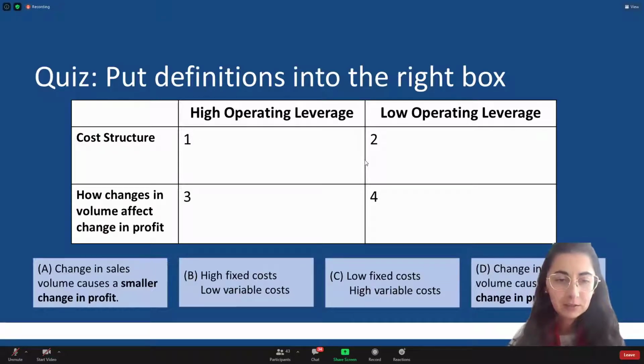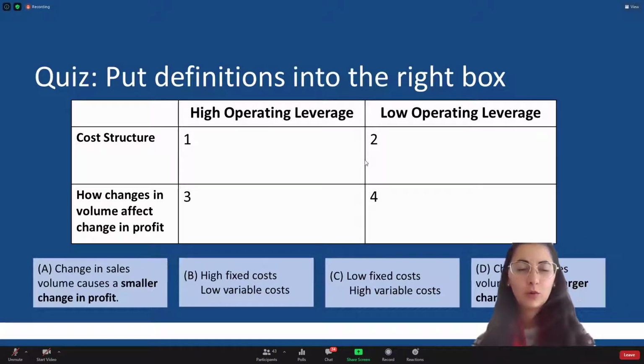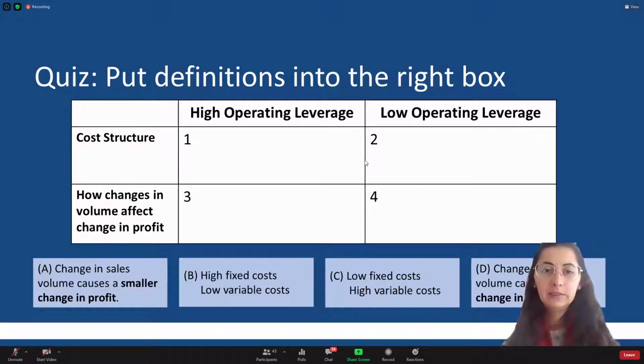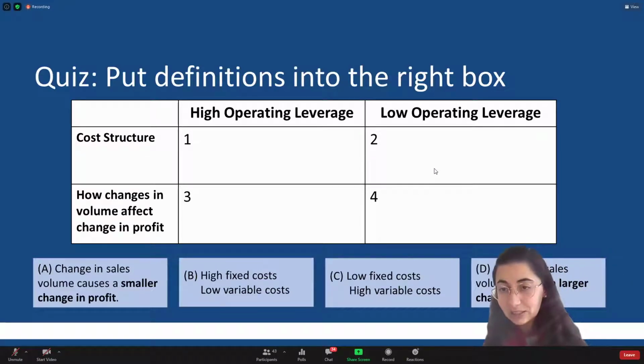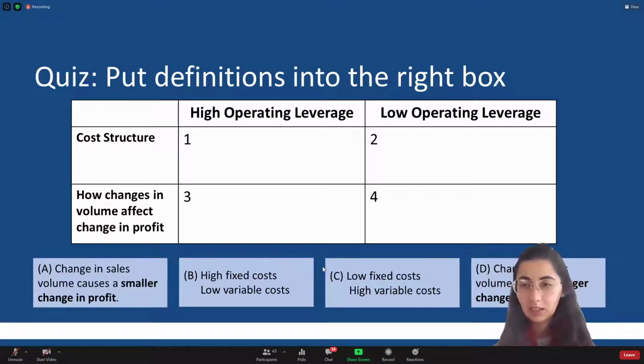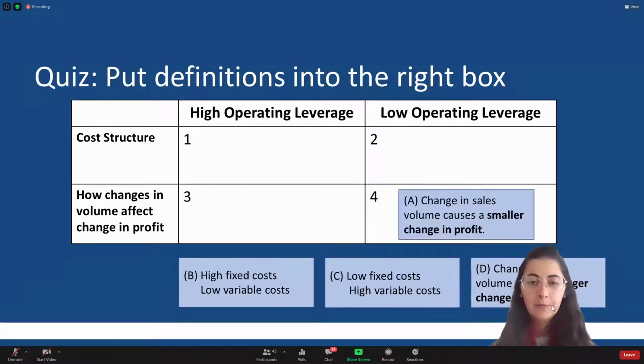Let's see the results. So, box A. Most of people, 79%, said it is box 4. So that is correct. So when sales volume causes a smaller change in profit, it is a case of low operating leverage. Very good.